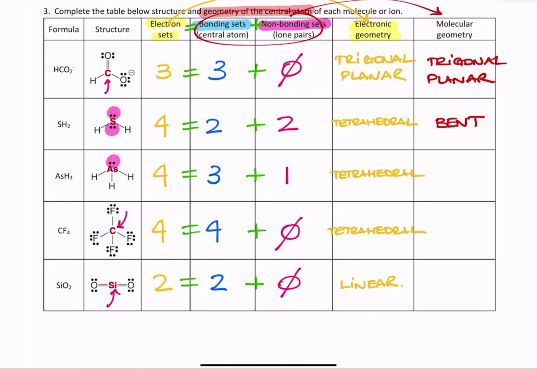For the third one, out of these 4 sets, 3 bonding, 1 non-bonding, gives a molecular geometry called trigonal pyramidal. CF4, 4 electron sets that are all bonding, therefore it's as well tetrahedral. And for SiO2, out of the 2 electron sets, the 2 are bonding, so it remains linear.